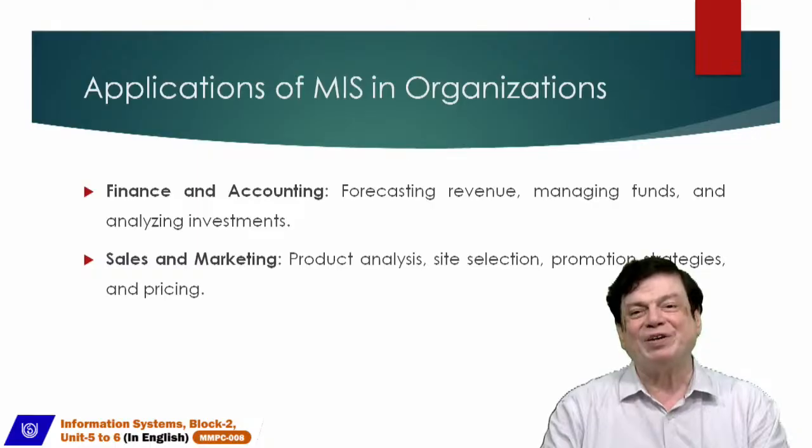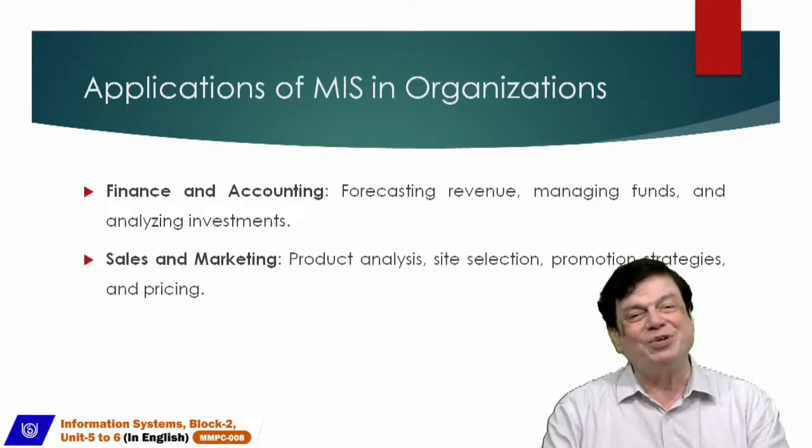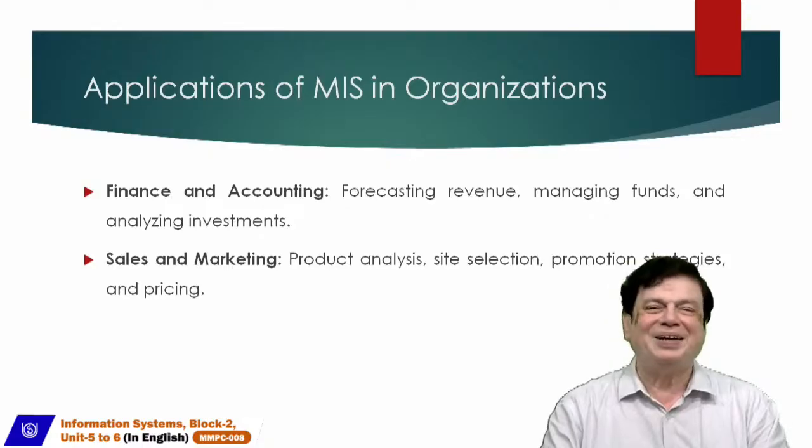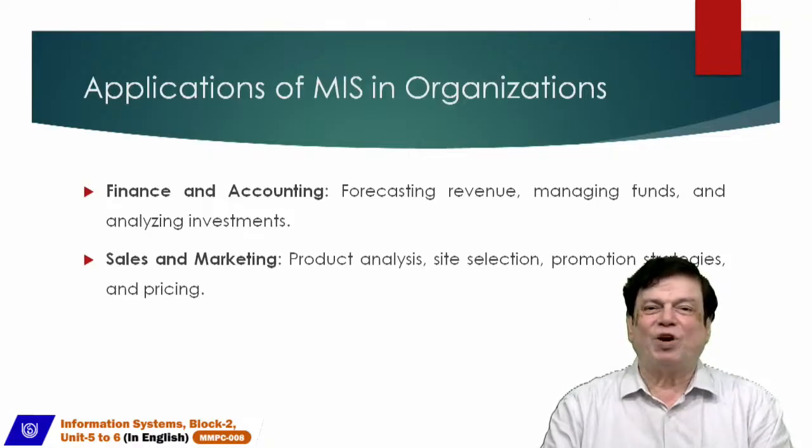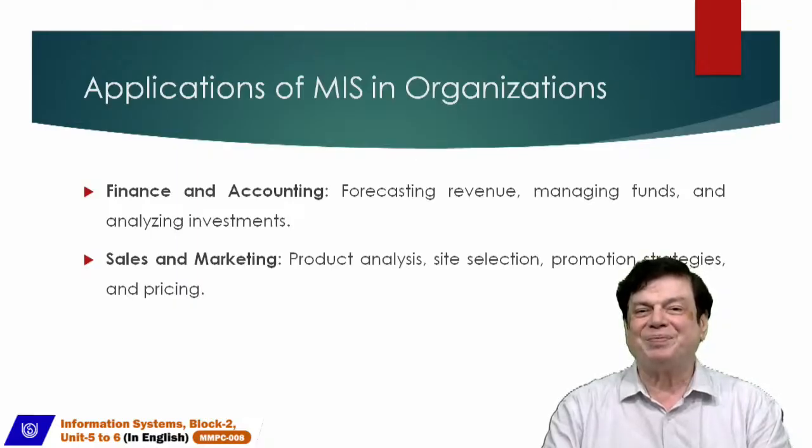Again a bank example, if you consider, cash book, general ledger, then balance sheet. Earlier they used to do it manually, now with computers they are doing it, and because of that mistakes are less. Then forecasting revenue and income, what is going to be the revenue in future, how funds will be managed, and how investments will be analyzed.